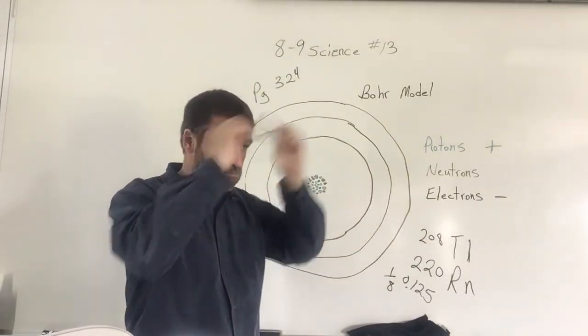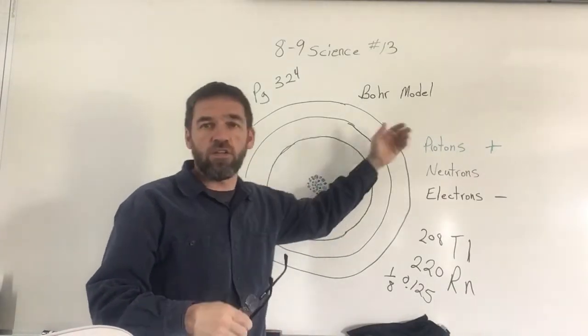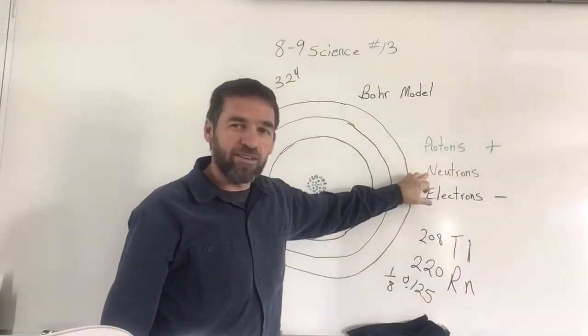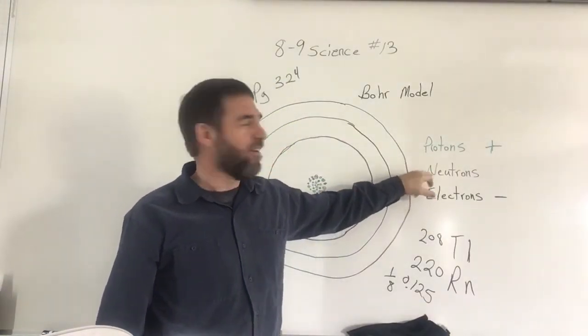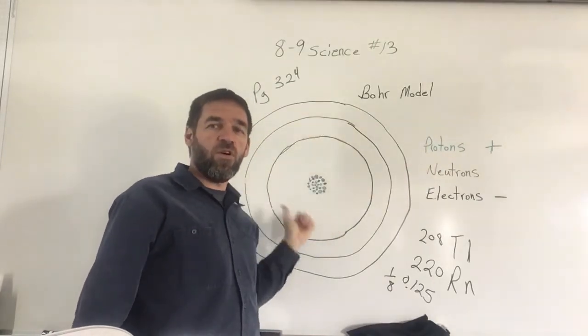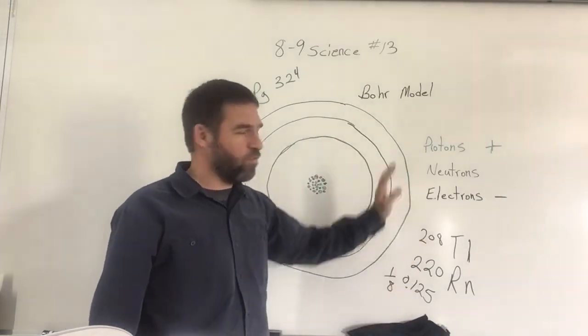And just automatically, boom, you can tell me that the nucleus, the center, contains what? Protons and electrons? No. Protons and neutrons are in the center. That's the nucleus. The electrons are outside. And the first one, this is what I want to get to.